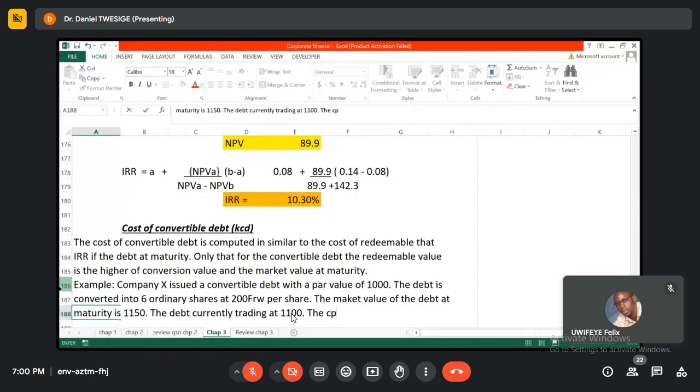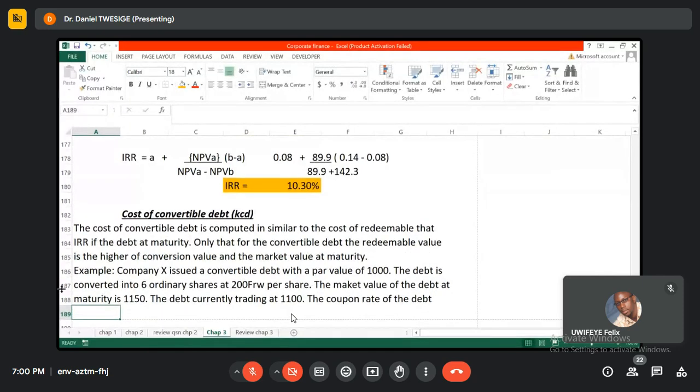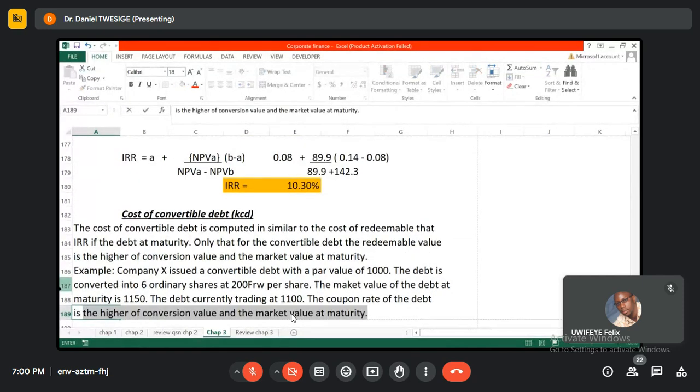The coupon rate of the debt is 15%, and the corporate tax is 30%.